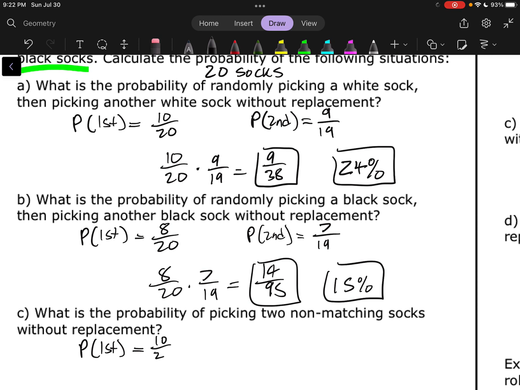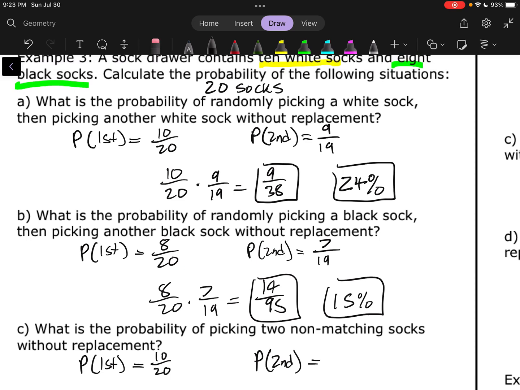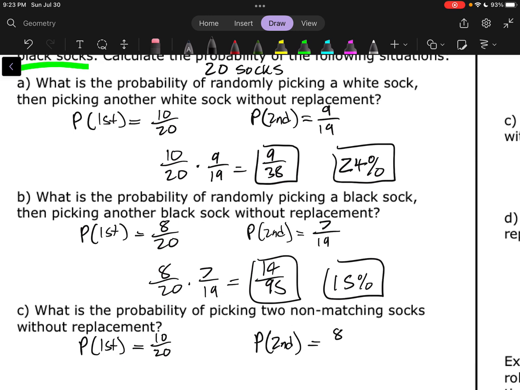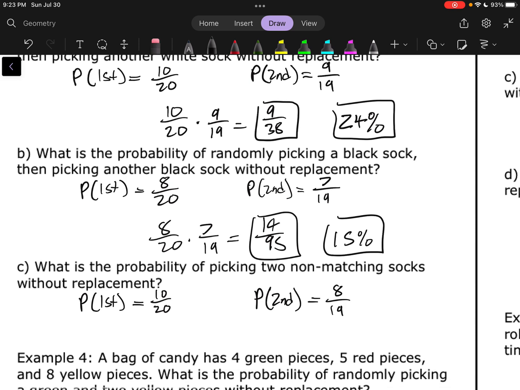So that'd be 10 out of 18, right? Now the second one needs to not match the first one. So if my first sock was white, we did the 10 out of 18. Then for the second one, I need it to be black, which would be 8 out of, but I still took 1 sock out, so this would be 8 out of 17. So we'll do 10 out of 18 times 8 out of 17.